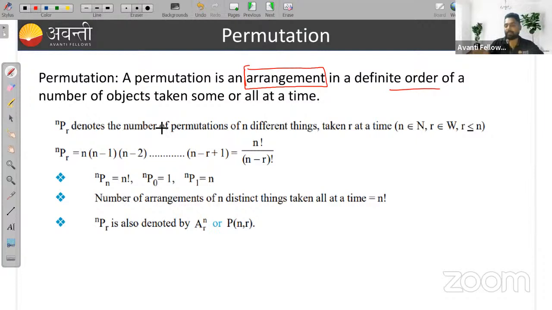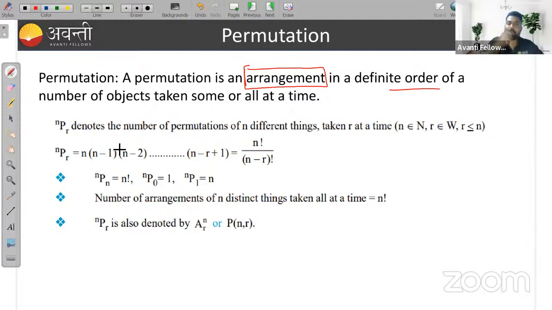Permutation is an arrangement, where the word arrangement is coming, you should understand we have to use permutation. In a definite order, that means in case of permutation, order is important, of a number of objects taken some or all at a time.